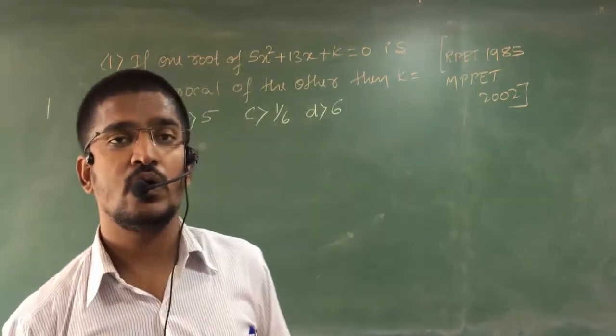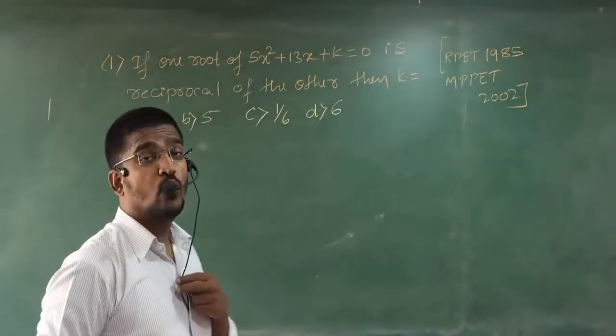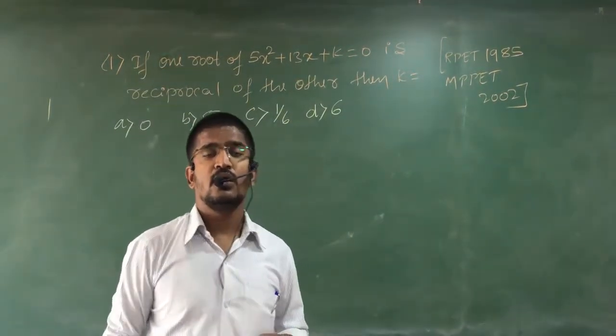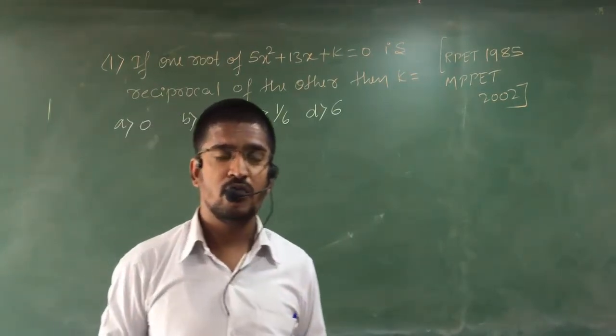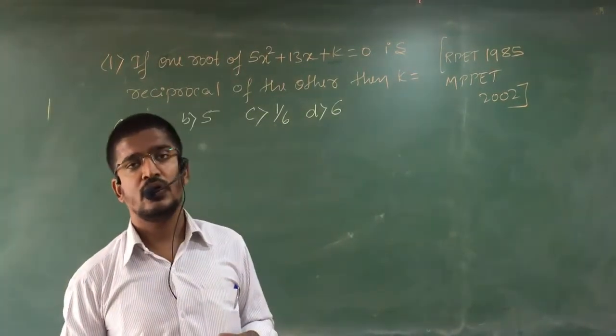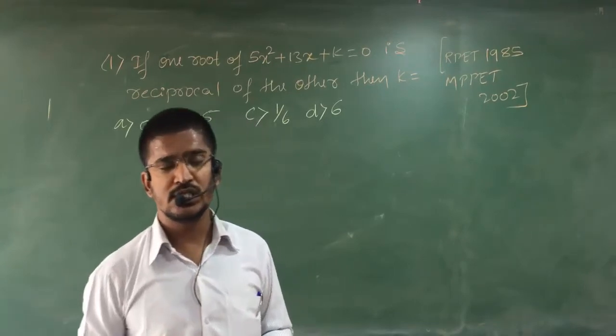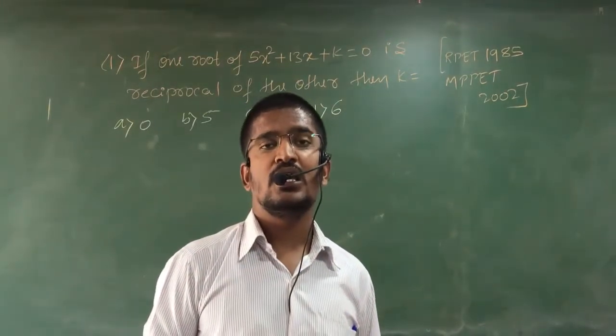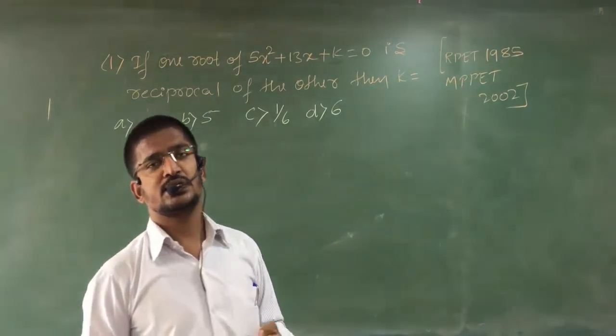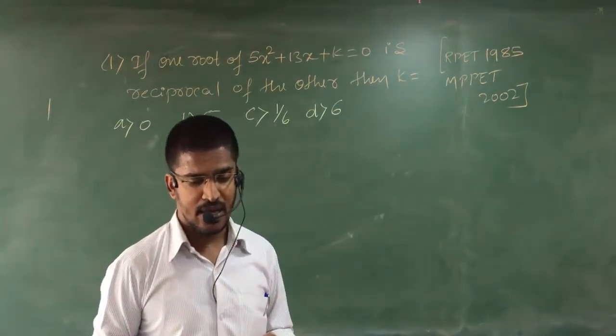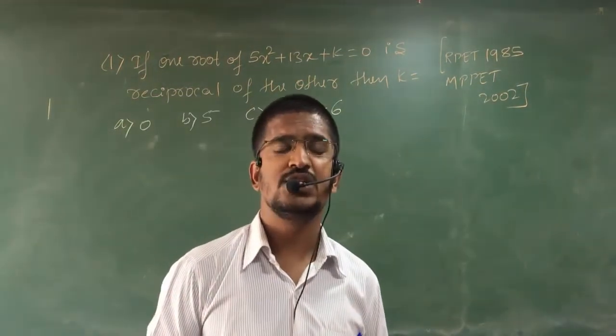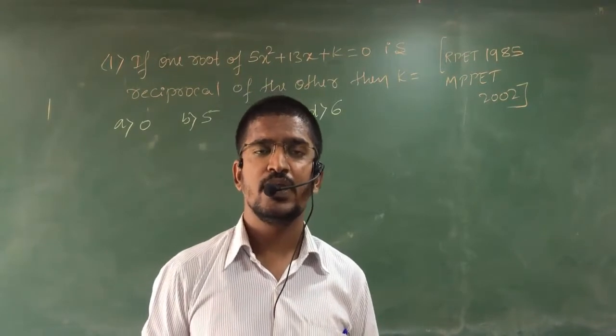Now let us solve problem number 1 on your concept of the representation of roots and the relation between the roots and the coefficients of algebraic equation and formation of algebraic equation. Clear?